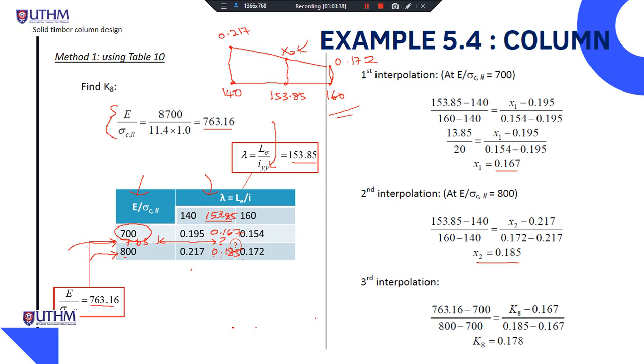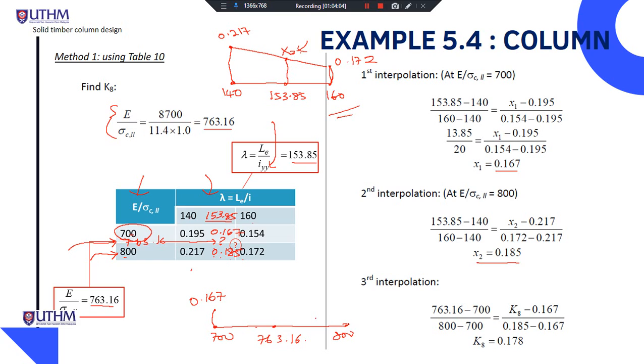So here is 700, here is 763.16, here is 800. Our K8 at 700 under 153.85 is equal to 0.167.